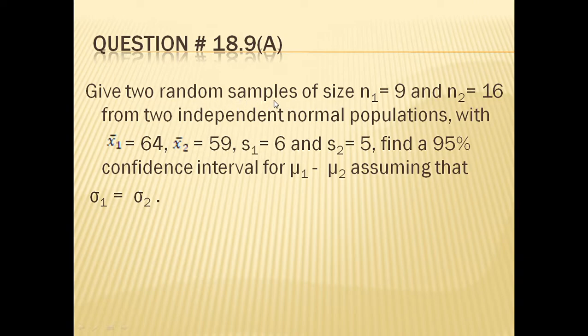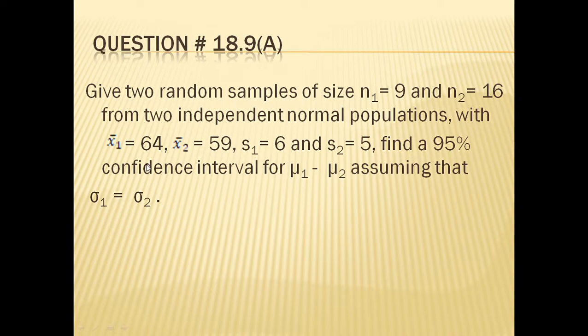Given two random samples of size n1 equal to 9 and n2 equal to 16, both less than 30, from two independent normal populations, with x bar 1 equal to 64 and x bar 2 equal to 59. Small s1 is equal to 6 and small s2 is equal to 5.